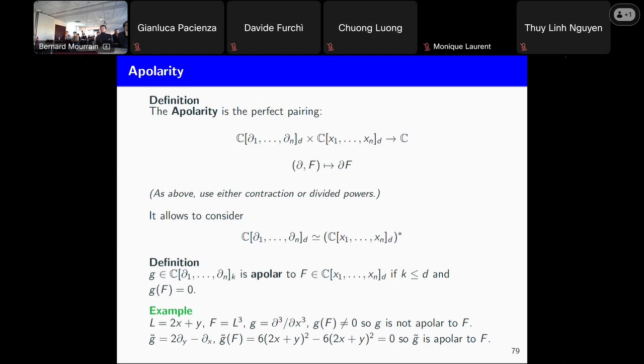And I take this partial here, where I differentiate 3 times by X. If I evaluate this partial on L cube, this is non-zero, so this G is not apolar to F. But if I take this G tilde, that is 2 dy minus dx, and if you look at this, they are very close cousins, and I apply this partial to this F, then I get 0. So this G tilde is actually apolar to this L to the cube.